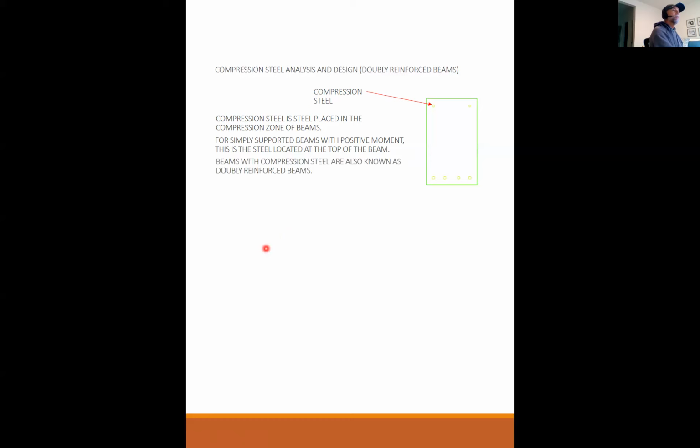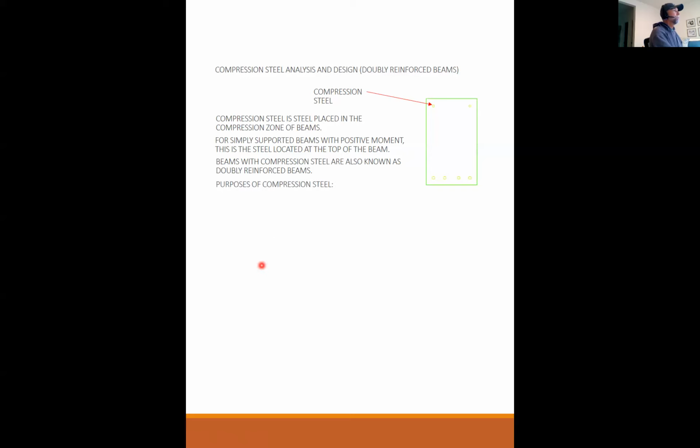So compression steel is steel placed in the compression zone of beams. For simply supported beams with a positive moment, there is steel located at the top of the beam. Beams with compression steel are also known as doubly reinforced beams.